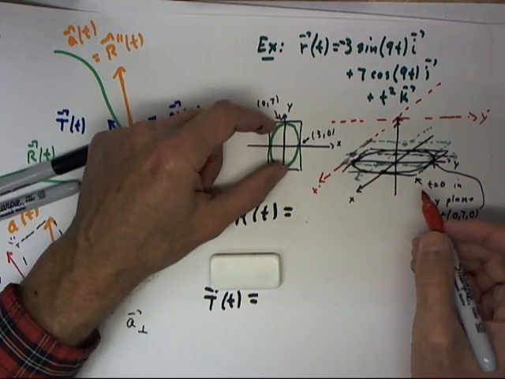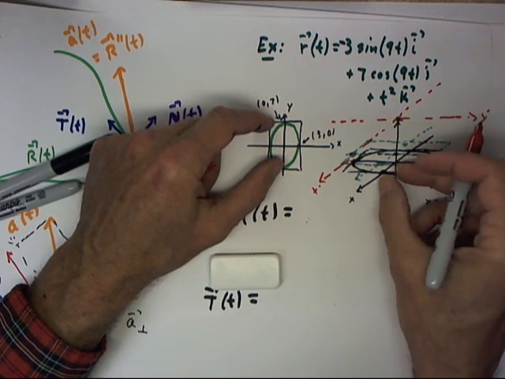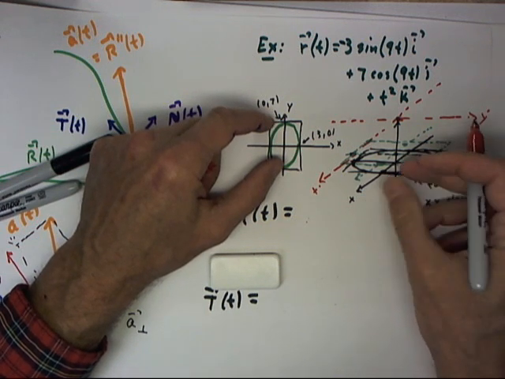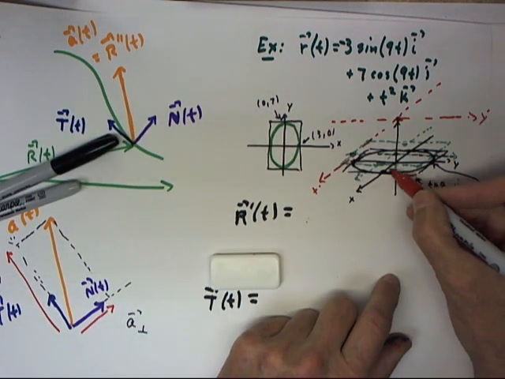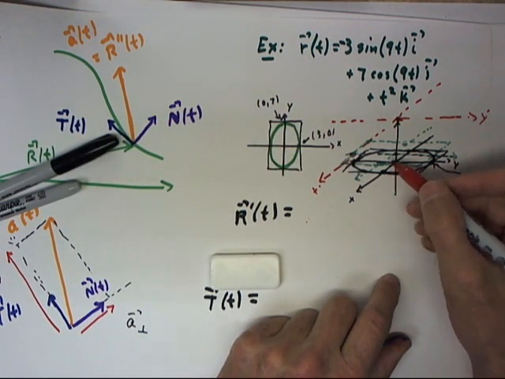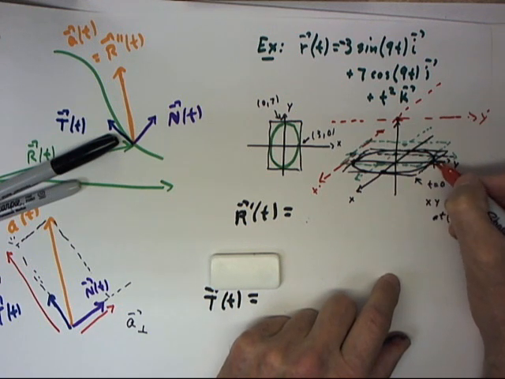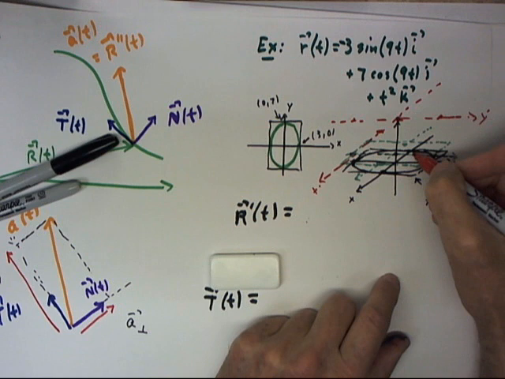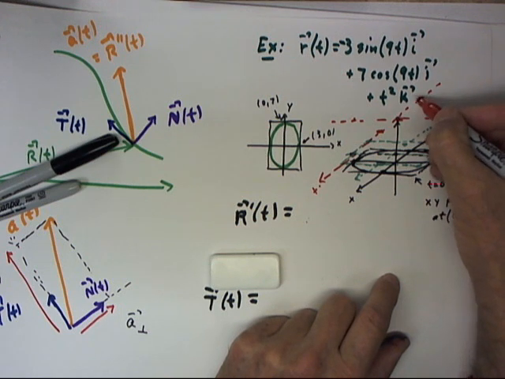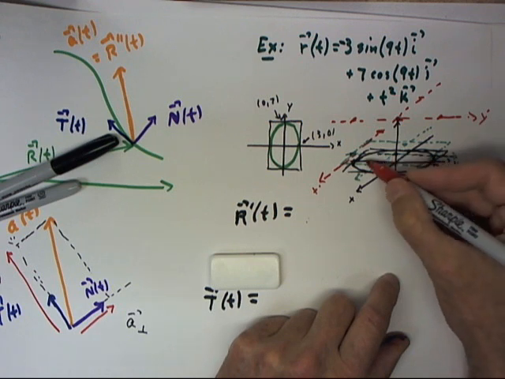I then construct the same ellipse in this plane. We come out a distance representing 3 units, a distance equal to the distance between the origin and this point down here. So we're going to have this point, an equal distance in the y direction, which is going to put us right here, and in the negative y and the negative x directions. And those points lie directly above and below these 4 points.